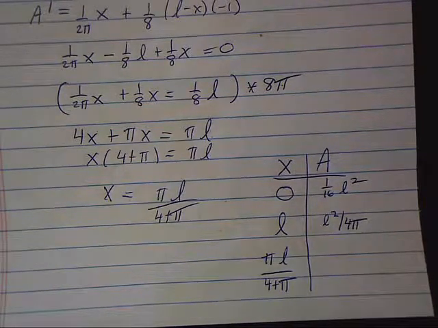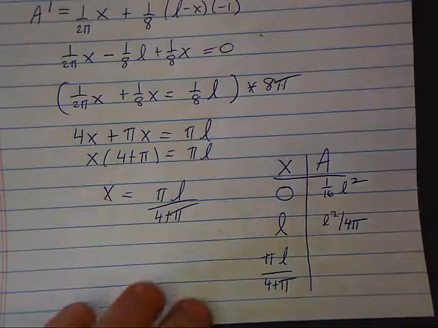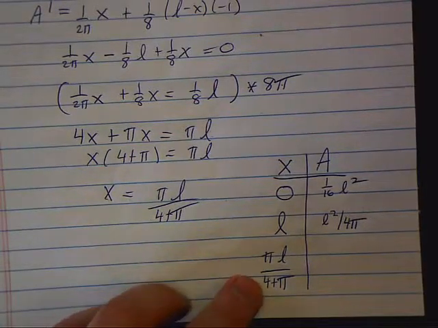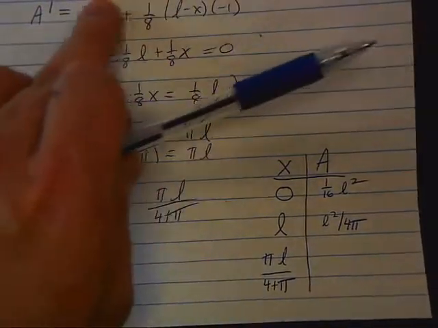Plug in 4 pi. Oh, no, I would be happy if I got to plug in 4 pi. I got to plug in pi L over 4 plus pi, back up into my original formula.